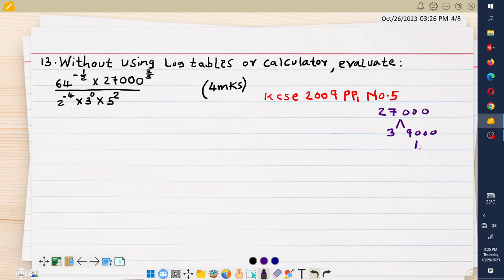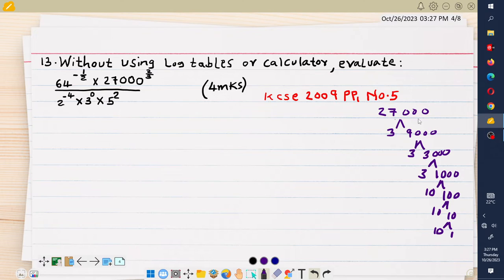Then 9,000 divided by 3, you get 3,000. Then 3,000 divided by 3, you get 1,000. Then 1,000 divided by 10, you get 100. 100 divided by 10, you get 10. Then 10 divided by 10, you get 1.